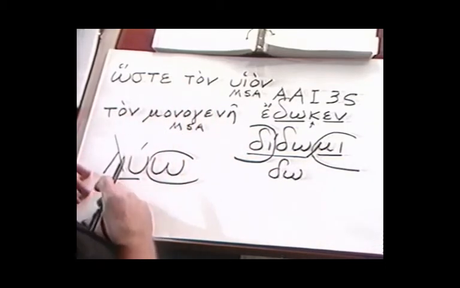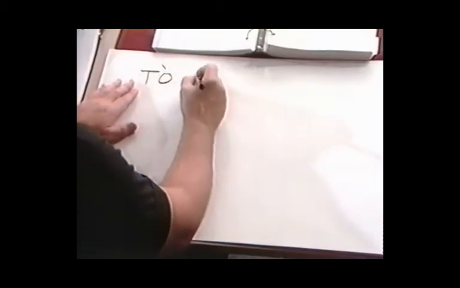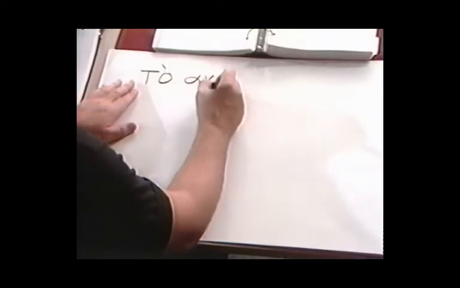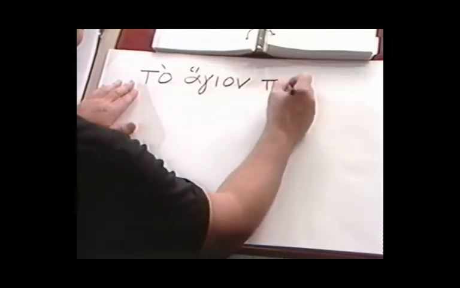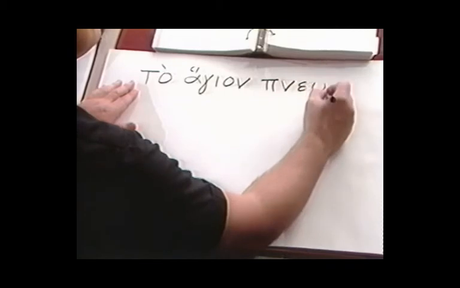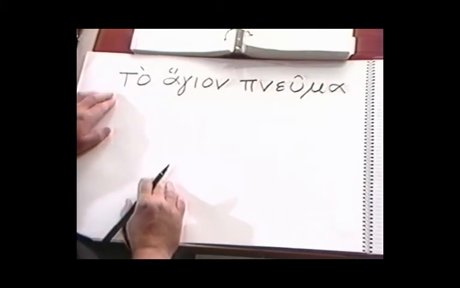Let me show you something about adjectives in Greek. I'll use the words the Holy Spirit to show you about adjectives in Greek. The Holy Spirit. Now that's the way we would say it in English, right?